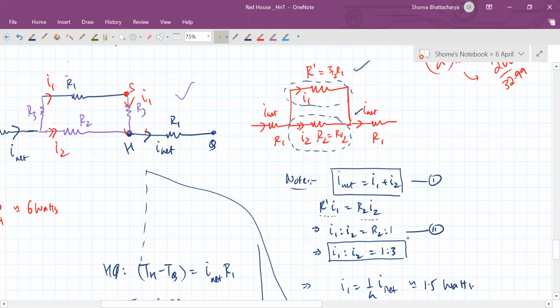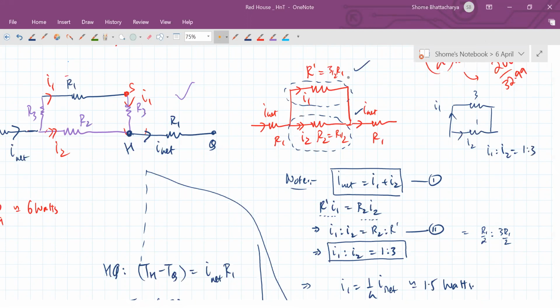So this should be R prime, and that you can see R2 is R1 by 2 as compared to R prime, which is 3R1 by 2. Okay, so basically this upper resistor and this lower resistor, they are in 3:1 ratio. So the currents will be in 1:3 ratio. Okay, yes. So just make that small correction here. I had written this R1 by mistake. This should be R prime because it's coming from this step.